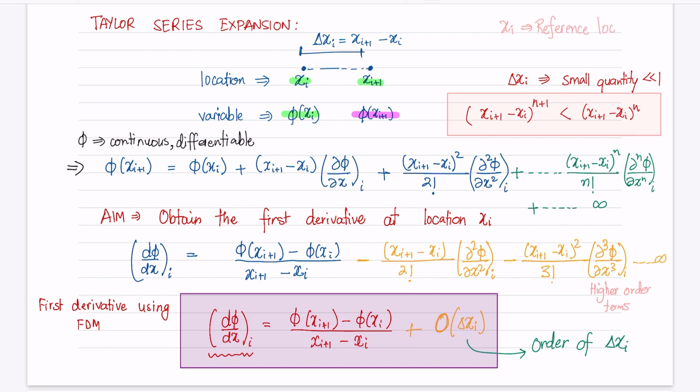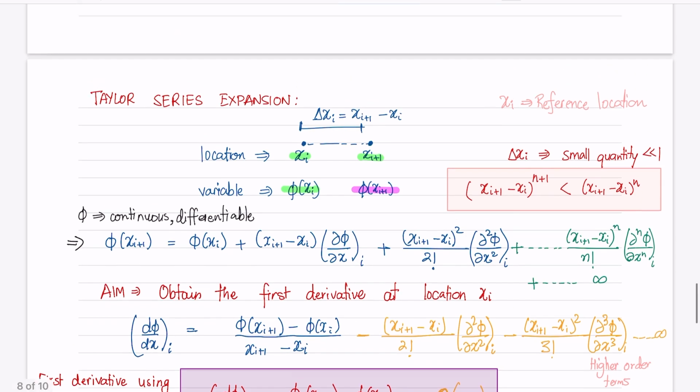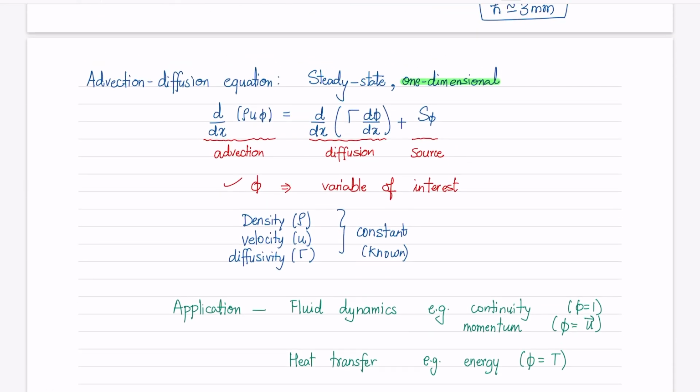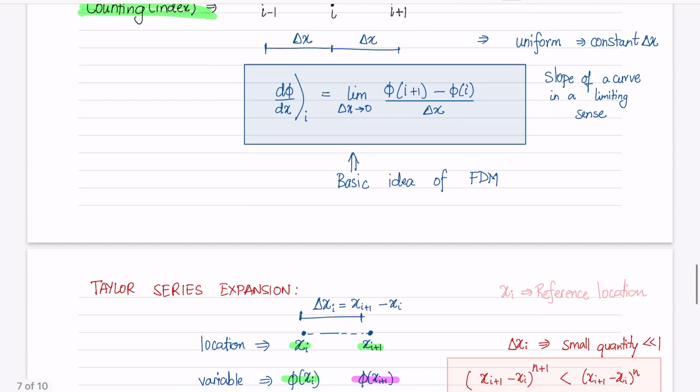So we want to get the derivatives at the reference location, and the reason why we are seeking these derivatives is because the kind of differential equations that we would be considering are either going to be partial differential equations or ordinary differential equations, and they would usually contain a first derivative term or a second derivative term. So the main objective of this course is to provide you with a set of tools and techniques so that you can evaluate how to get these first and second derivative terms using the finite difference method.